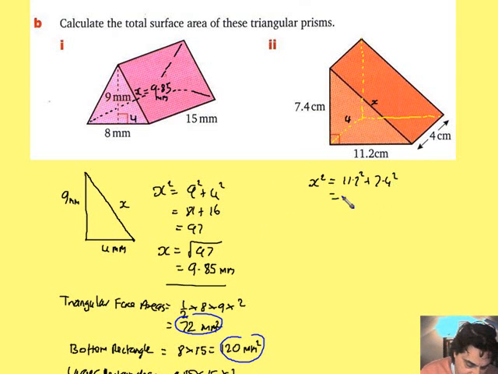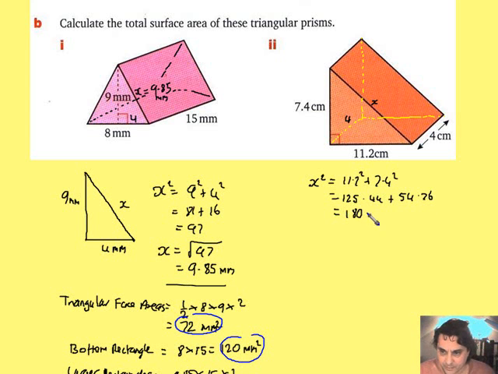So 11.2 squared, that is 125.44, plus 7.4 squared, 54.76 altogether, plus 125.44 from last time, gives us 180.2. So to get x on its own, we press the square root button.